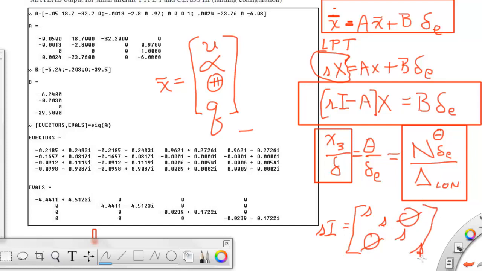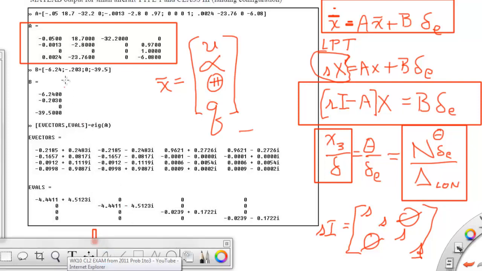That's s times I. So we can see that sI minus A would take the A matrix, which is given up here, and put a negative sign on all the elements to get minus A, and then on the diagonal put the s's. So sI minus A would be s plus 0.05 on the first diagonal.